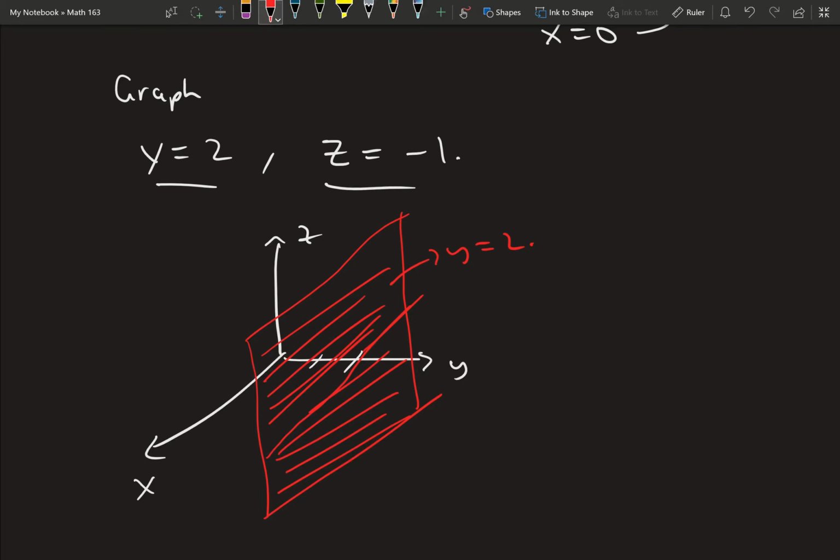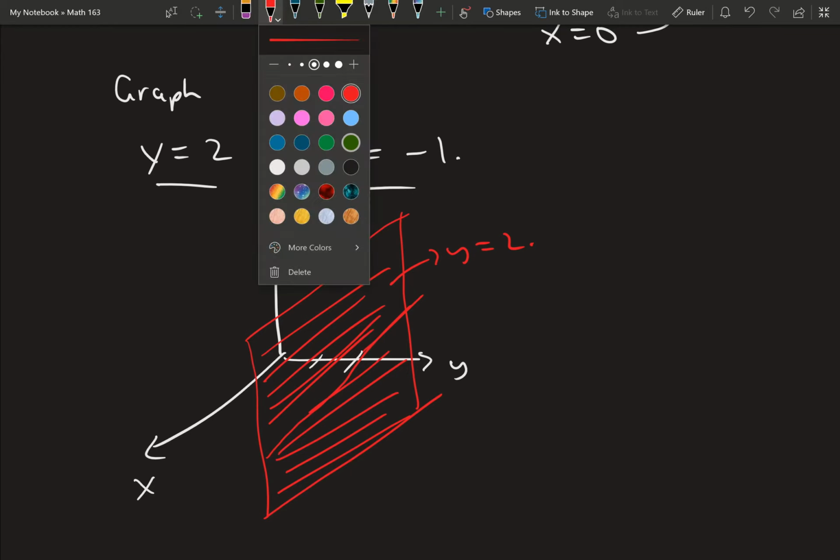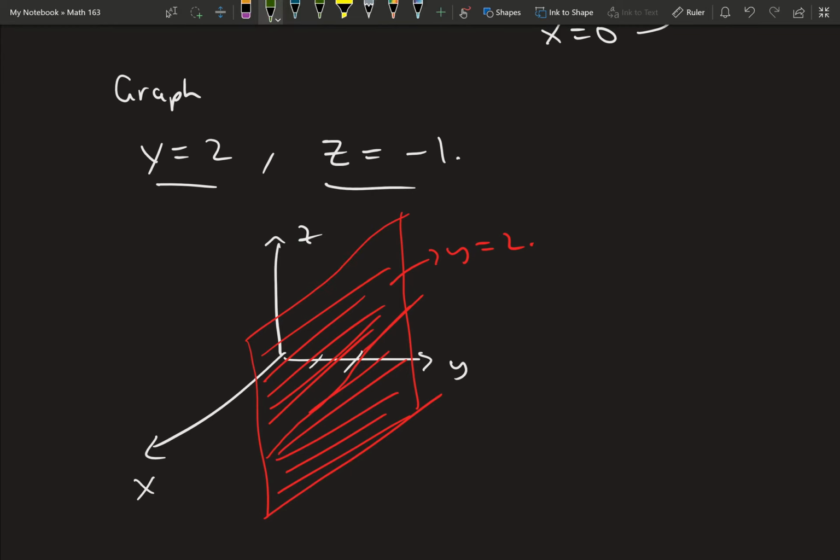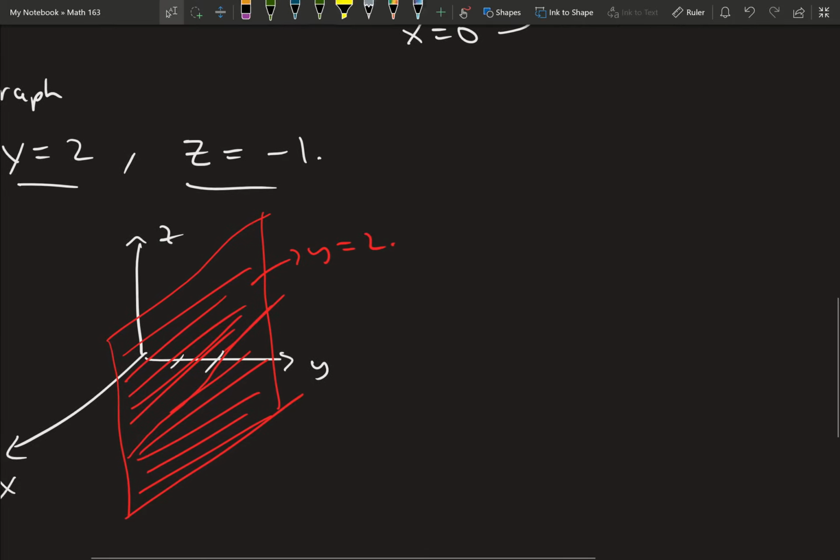In a similar way, you can consider z equals -1. Let's do that maybe off over here. And let me just draw, I think I'll first draw the plane.